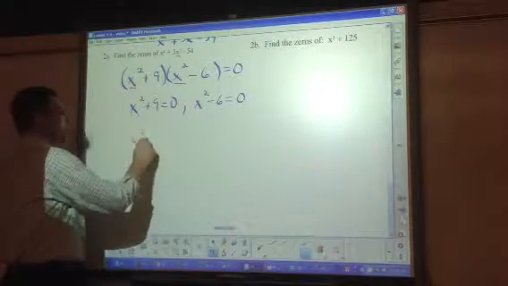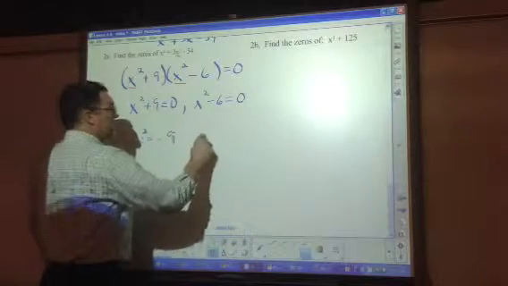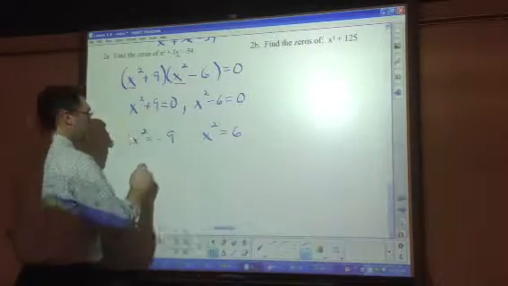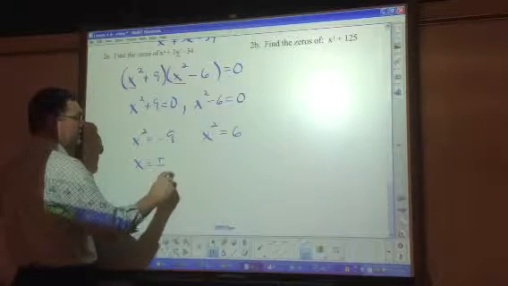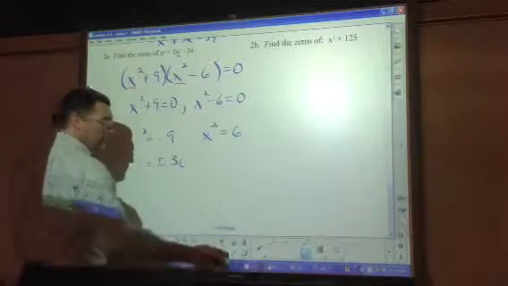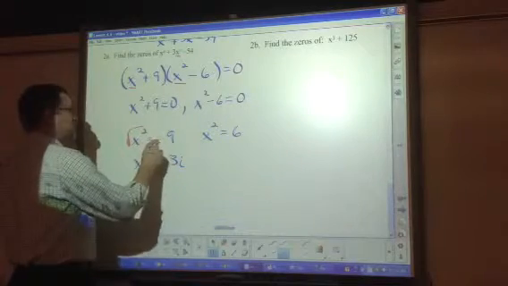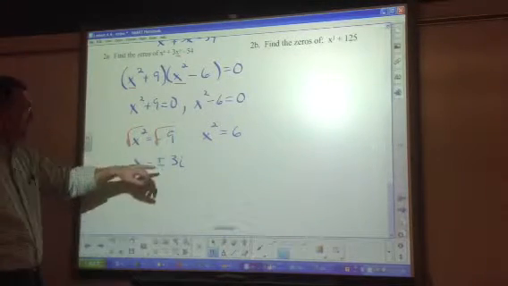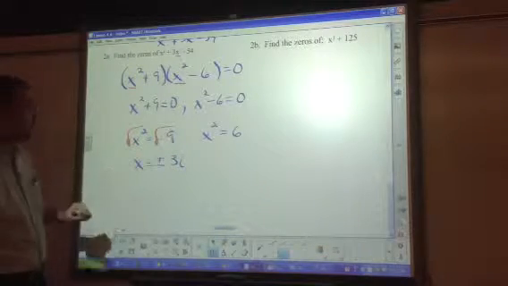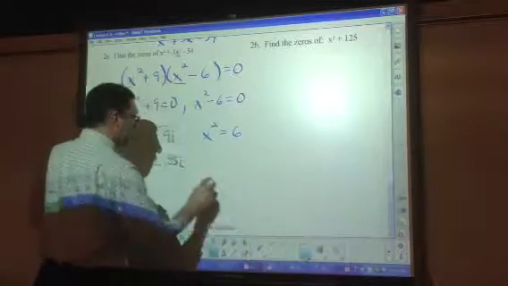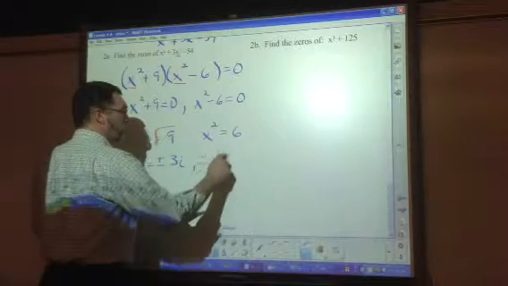So x squared equals negative 9, x squared equals 6. So my answers here are going to be x equals plus or minus 3i. So we're going to take the square root of both sides, and the square root of a negative number is a complex number, i. Square root of 9 then is 3. And here then we get plus or minus square root of 6.